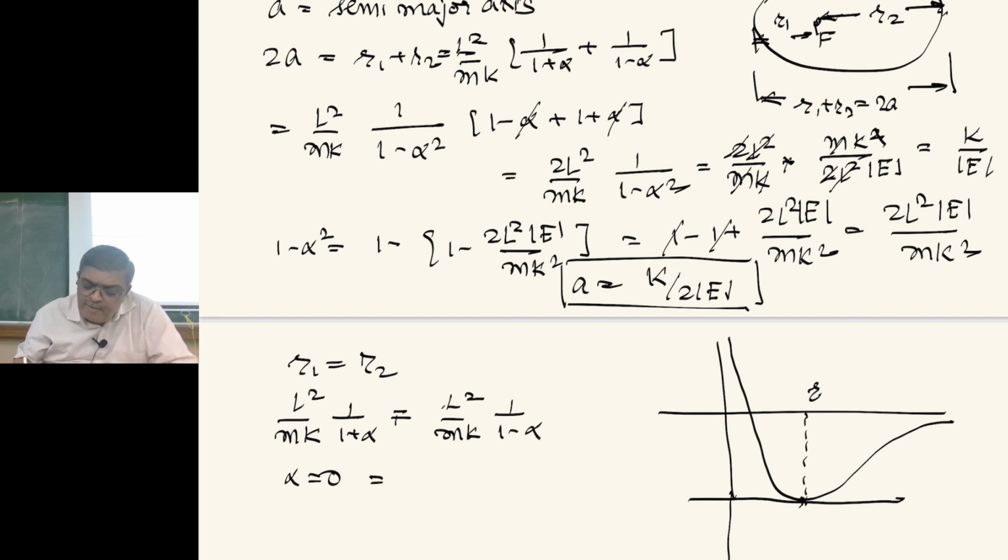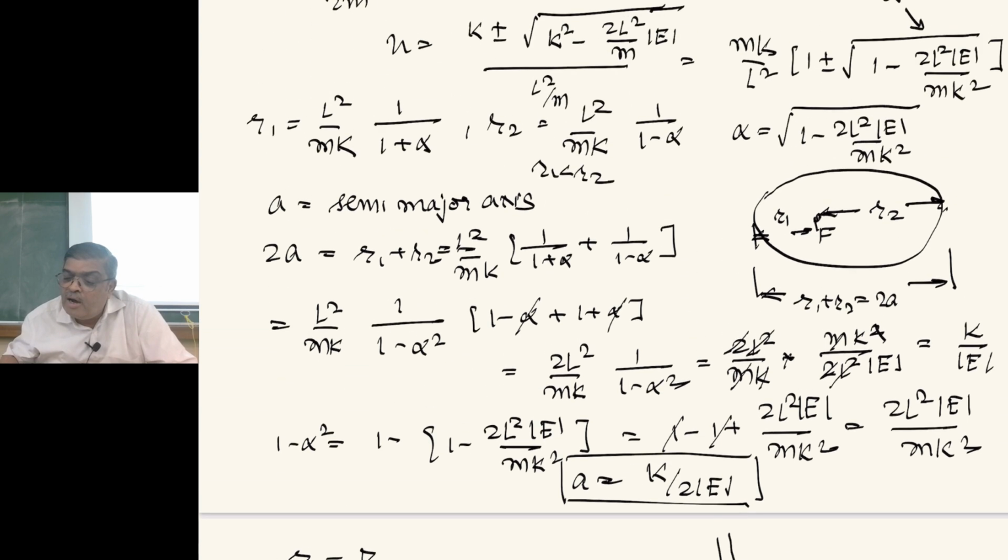So what does that mean? That means that the common radius, I'm going to call it r0, is going to be given by, what is that? L squared by mk. That much is known. What is the value of the energy at which this happens? Remember, the condition is alpha is equal to 0. And what was alpha?